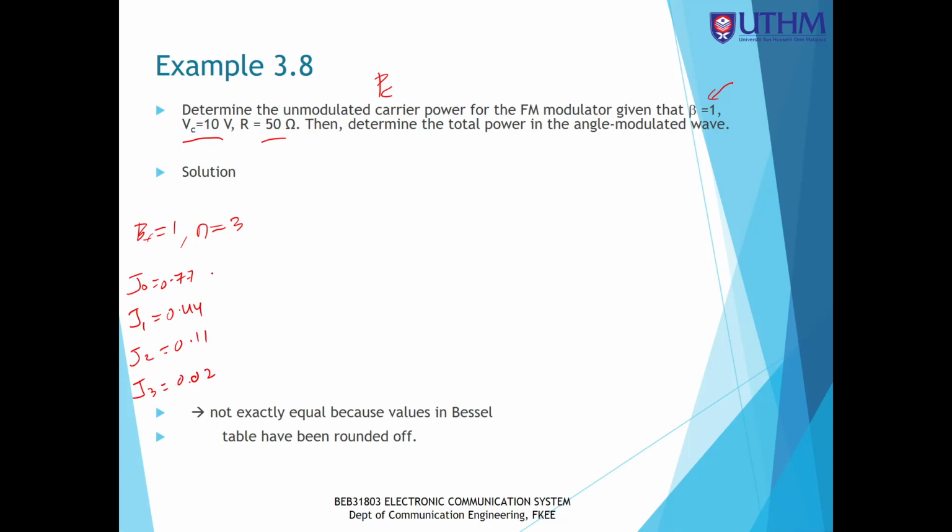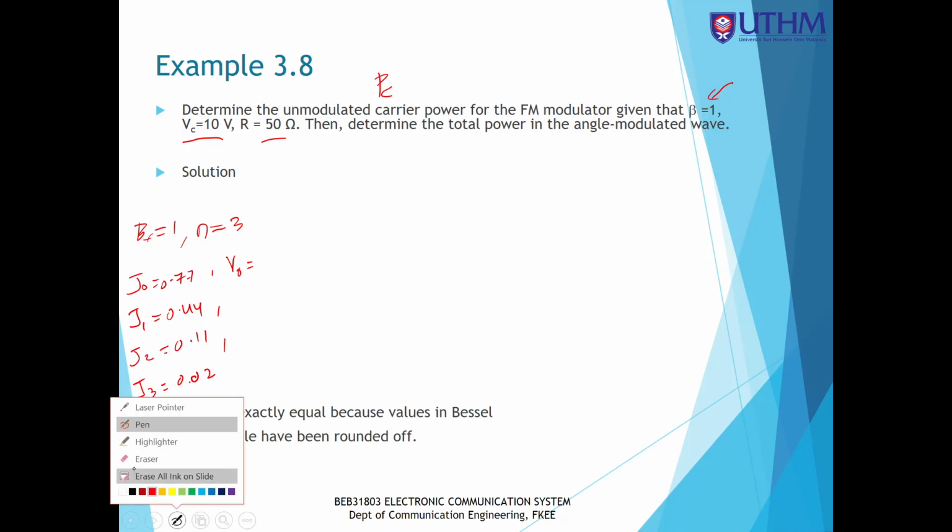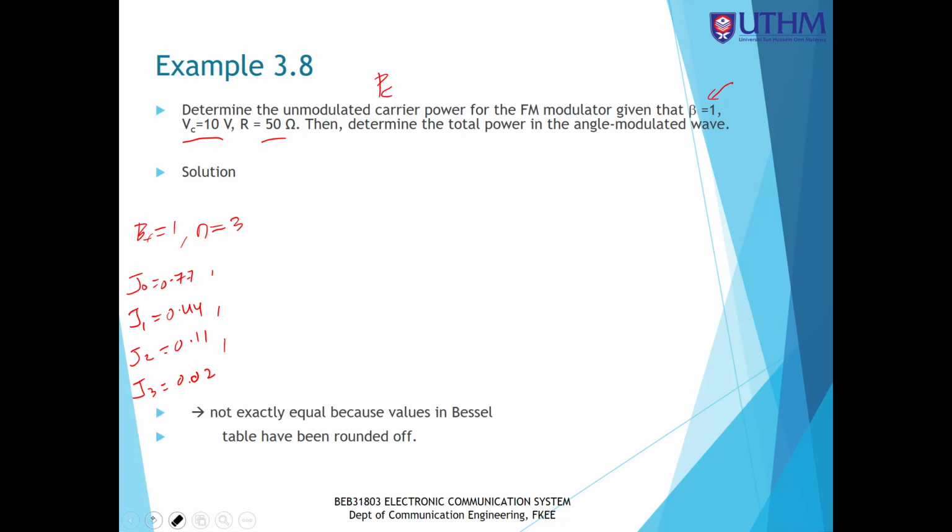And from here we can calculate P total is equal to J0 square PC plus 2 times J1 square PC plus J2 square PC plus J3 square PC. So we need to find the PC.